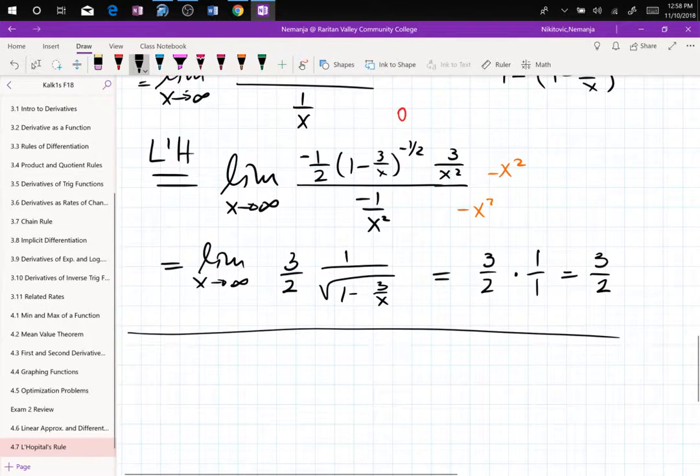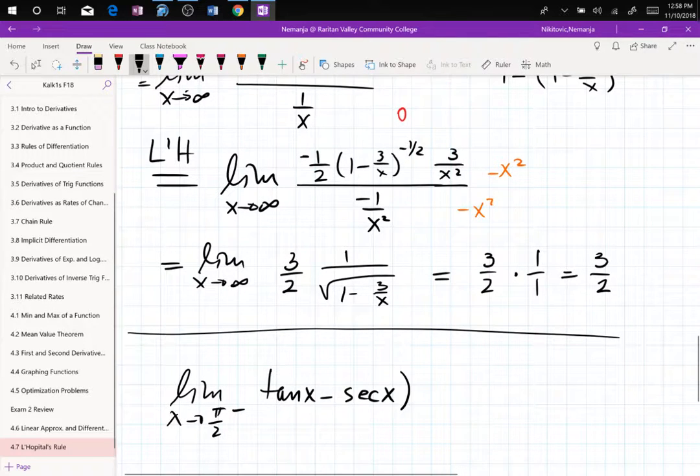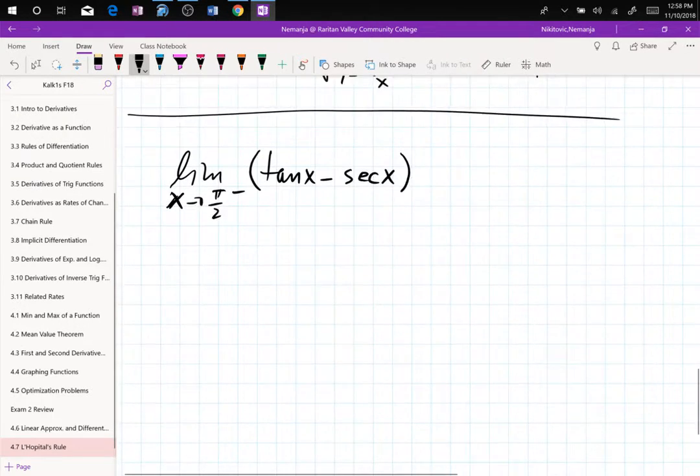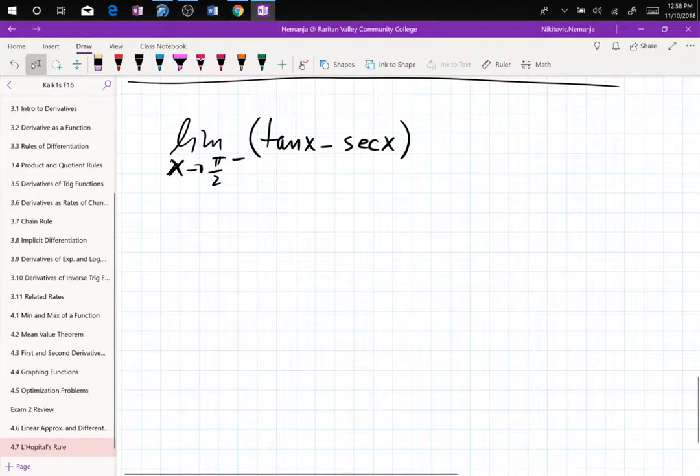So limit x goes to pi over 2 from the left, of tangent x minus secant x. So try this one a little bit. This is another infinity minus infinity case.